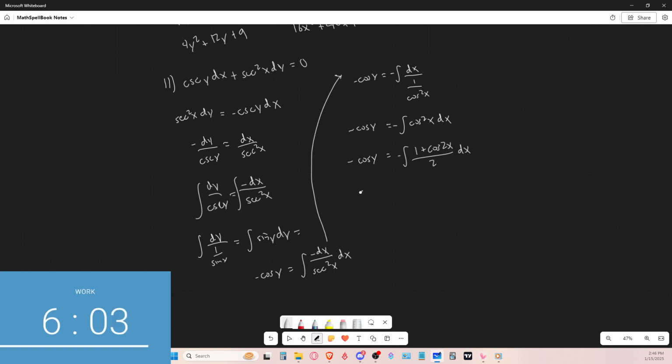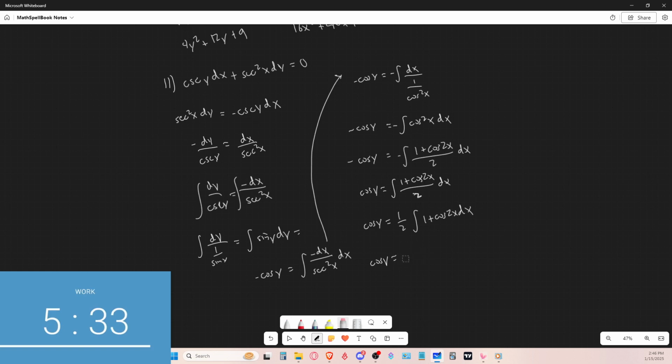Oh, actually we can get rid of the negative sign, because we can just get rid of it. And then we can move that half in front. So we're left with cosine. All right. So then cosine a half.